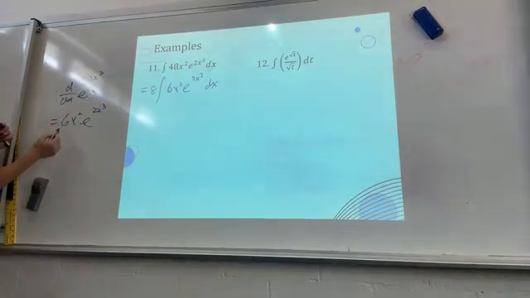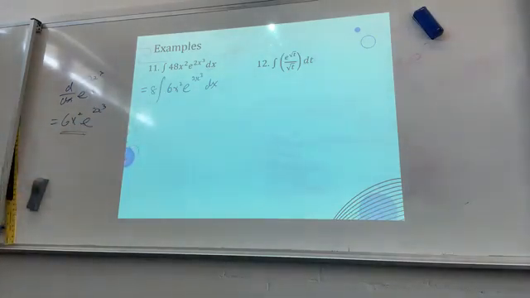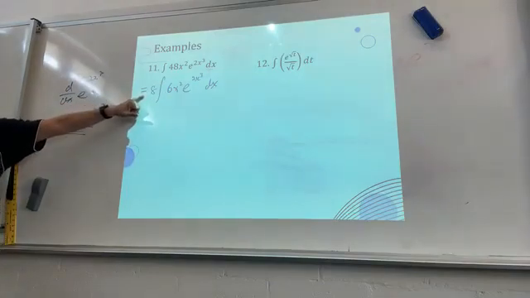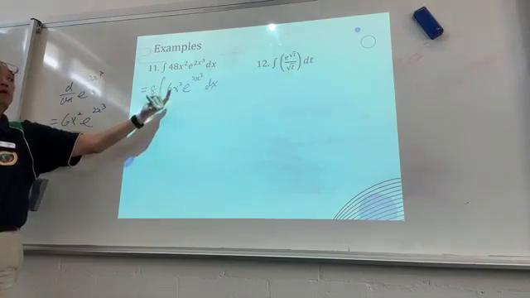In order to get this to 48, it's 6 times 8, so you've got a scalar multiplication of 8. You can always bring the 8 out. That's fine.